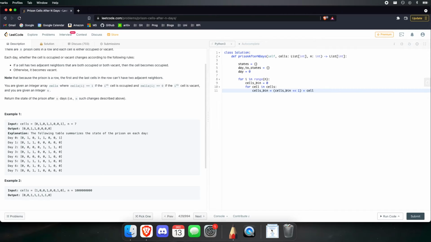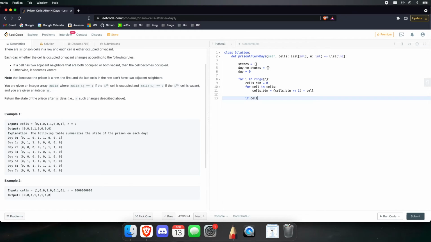So whether it's 0 or 1, it will add it. This is like the OR operator, or adding the 1 at this location. It's more accurate if you say adding the 1, actually. Alright, so that's going to be that right there. Now we have this hashable representation of this prison state.